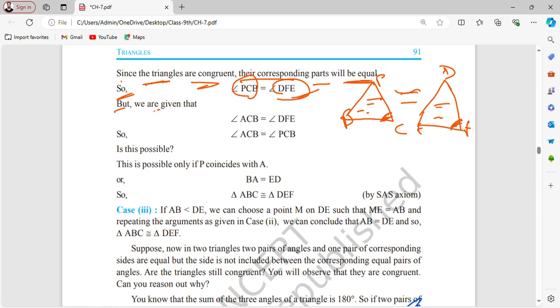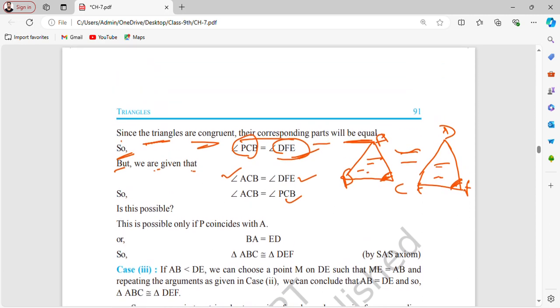But we are given that angle ACB is equal to angle DFE, this is also given, and so angle ACB is equal to angle PCB.